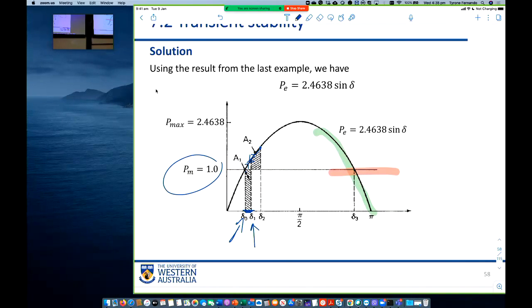So omega t plus initial delta naught will be delta 1. So we can then calculate area 1 and therefore we know area 2, so we can calculate delta 2. I'm trying to explain how to calculate so that you can then look at the numbers in the solution to make sense.